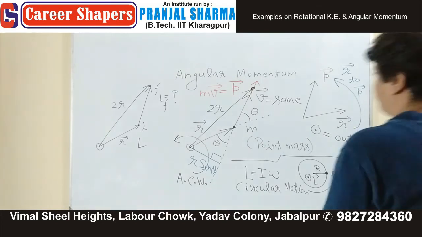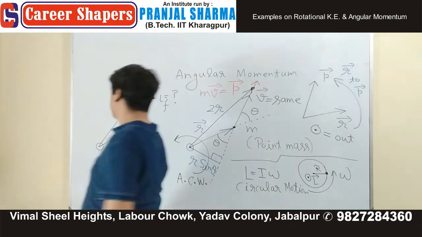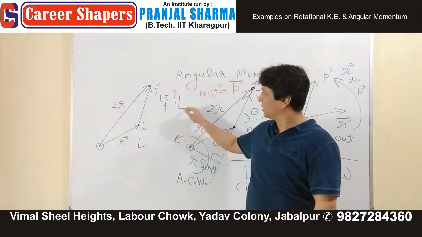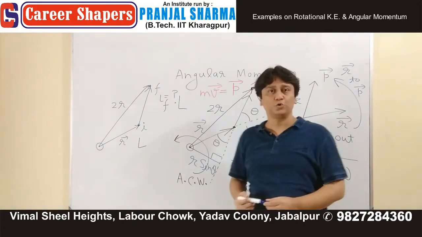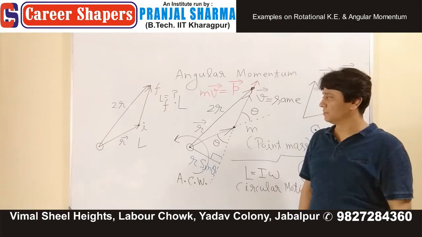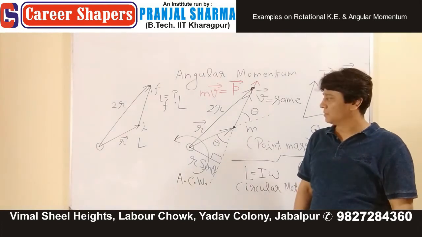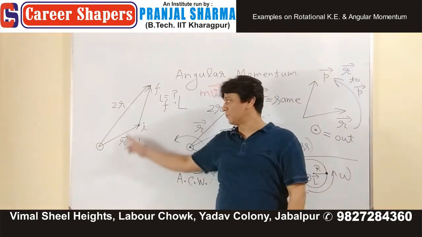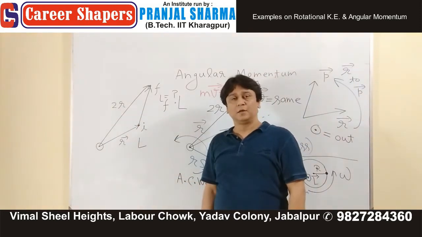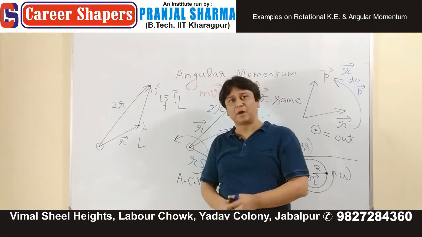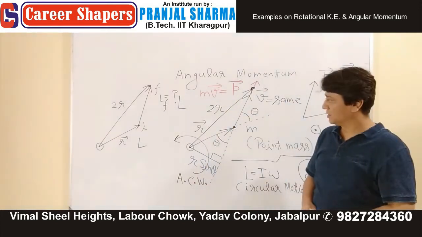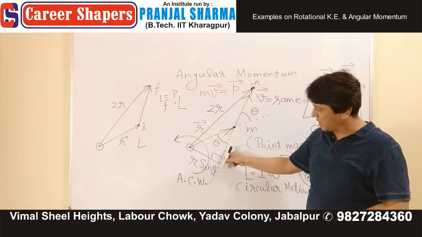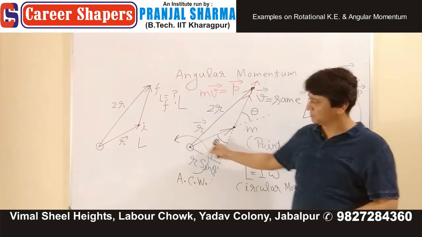Good. Many people recognized that your L final is also L. There is no change in angular momentum. It seems that distance is doubling from r to 2r. But the way I asked you to remember angular momentum is what? Linear momentum multiplied by perpendicular distance.